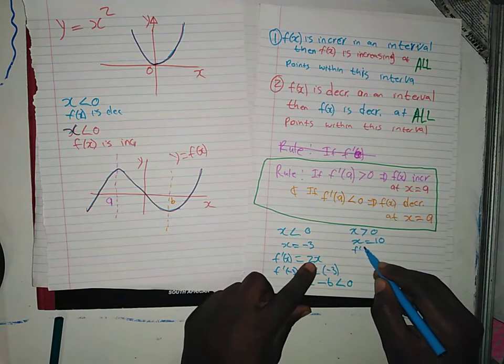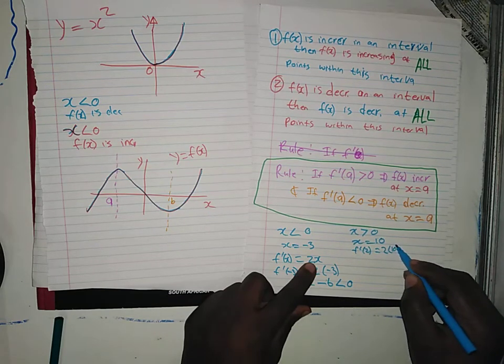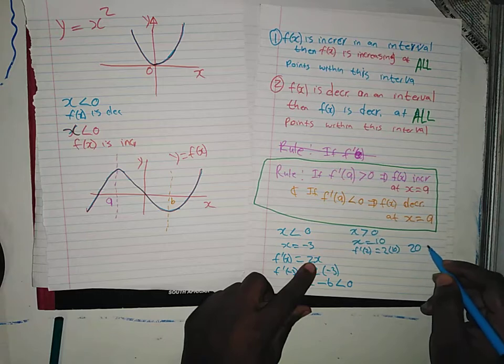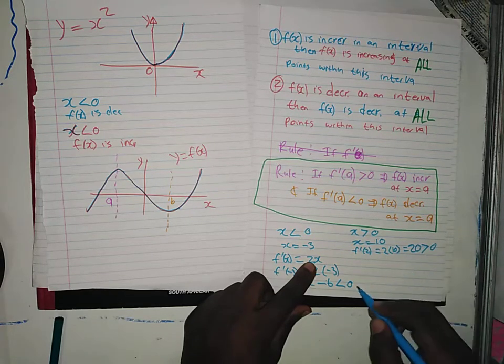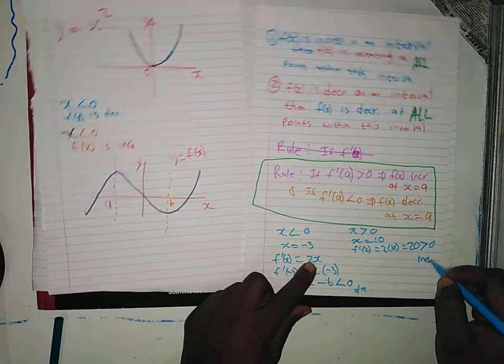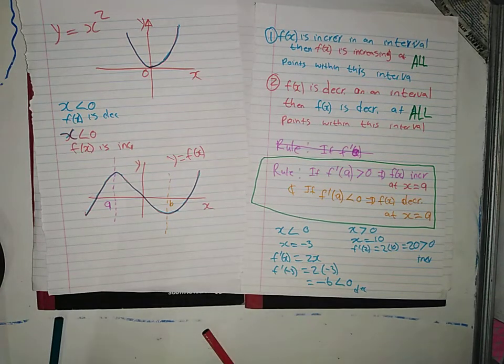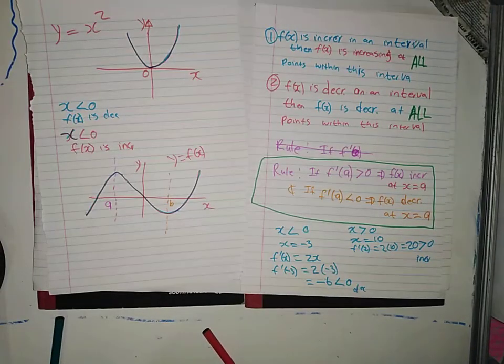So f prime at 10 is going to be 2 times 10, which is 20. And 20 is greater than 0. Remember the previous one was decreasing, so this one is increasing. You can pick another point and test it on your own, or that is your homework. You can pick any point as long as it's in the interval, and you will see.